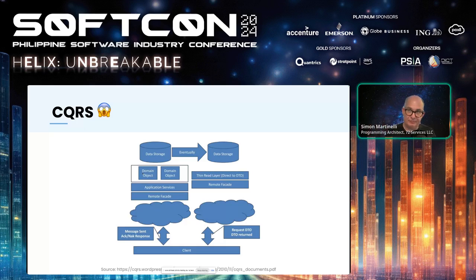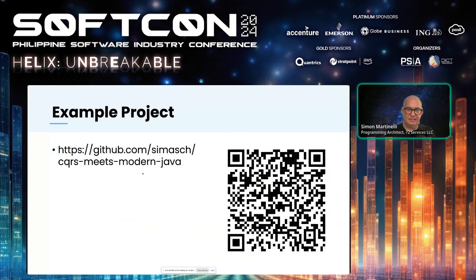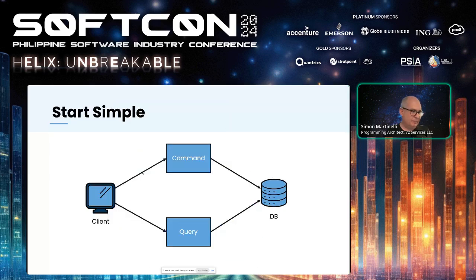For example, if you have a nested structure that you would fetch, you could store it in a SQL database and then via a mechanism, for example, with events or whatever, you could populate, for example, a MongoDB that is document based, and you will get the data back directly without any need to map for the query. But that's all in. As I said, you can also start simple, just split command and queries.